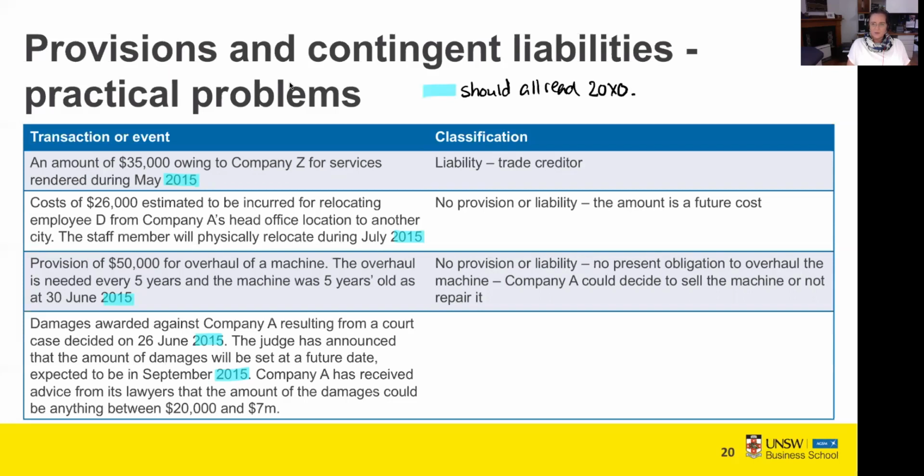The company could simply decide to sell the machine and replace it with a new one. So even though they have the intention of undertaking this expenditure, there is no obligating event, and they do have realistic alternatives available to them. Therefore, there is no liability.